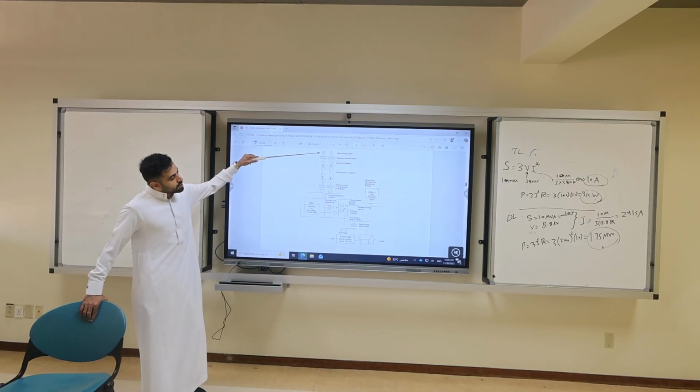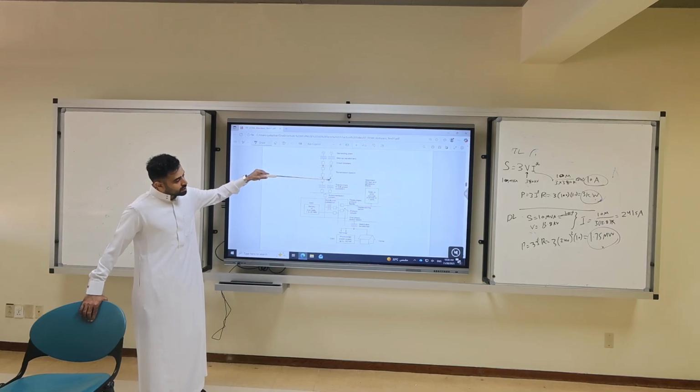So generating plant, we have step-up transformer, circuit breaker, we have transmission, then transformer in bulk power substation, then we go to sub-transmission, then distribution, maybe we have battery, a distributed storage system.